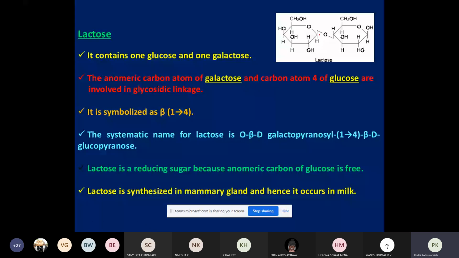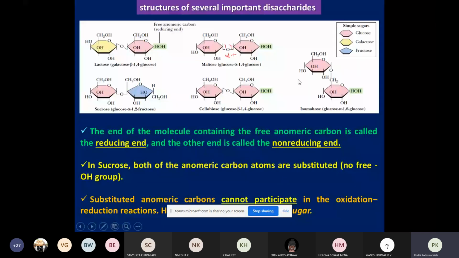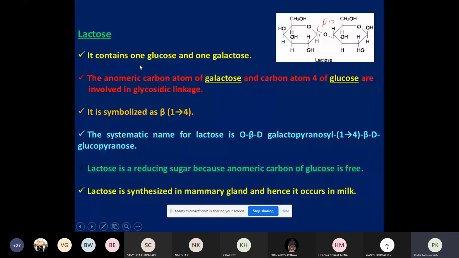And since lactose also has a free anomeric carbon on the second sugar, it is also a reducing sugar, and so it can be in equilibrium with the other anomer through the open chain form in solution.